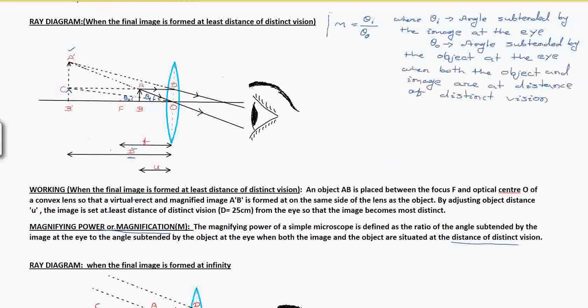M is equal to theta I divided by theta O according to the definition.